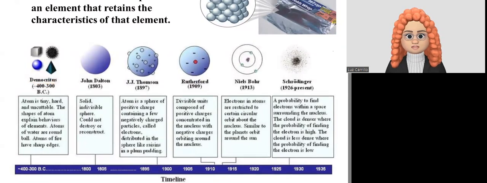During that time, there were different Greek philosophers, including Aristotle and Democritus. But Democritus, different from the other philosophers, proposed an atomic theory that defined atoms as tiny, hard, and uncuttable shapes that define the substances around them.